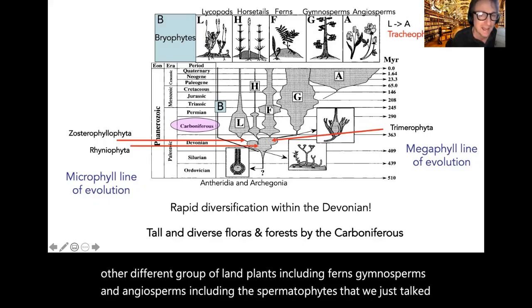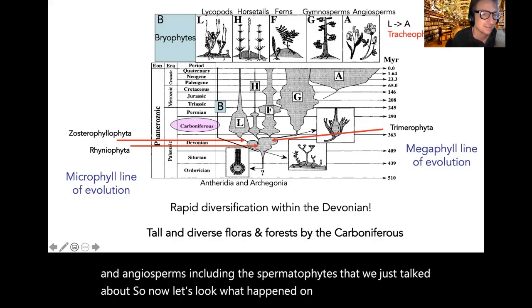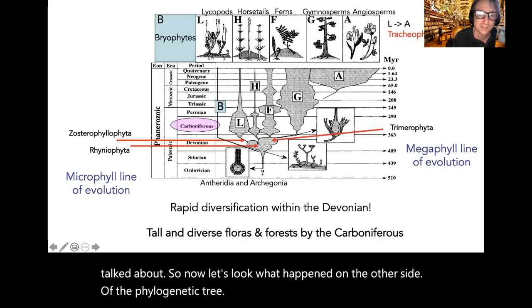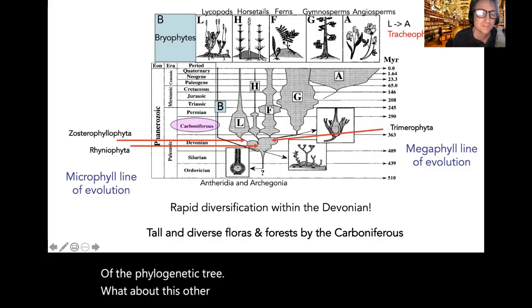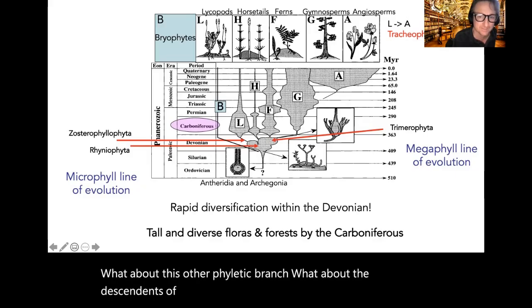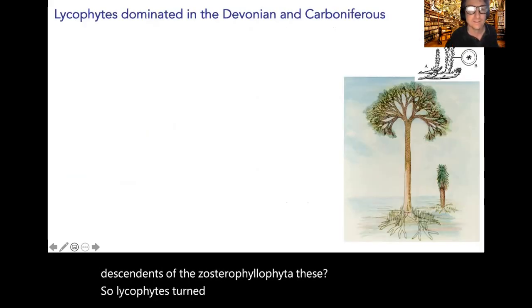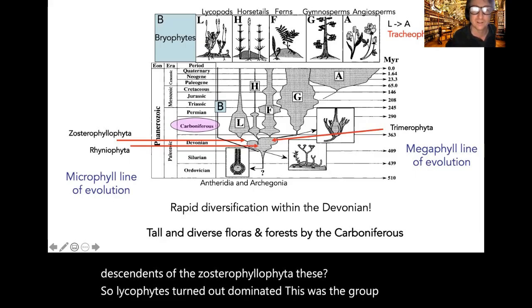So now let's look at what happened on the other side of the phylogenetic tree. What about this other phyletic branch? What about the descendants of the Zosterophyllophytes? So lycophytes turned out dominated. This group of plants, the Zosterophyllophytes, dominated during the Carboniferous.